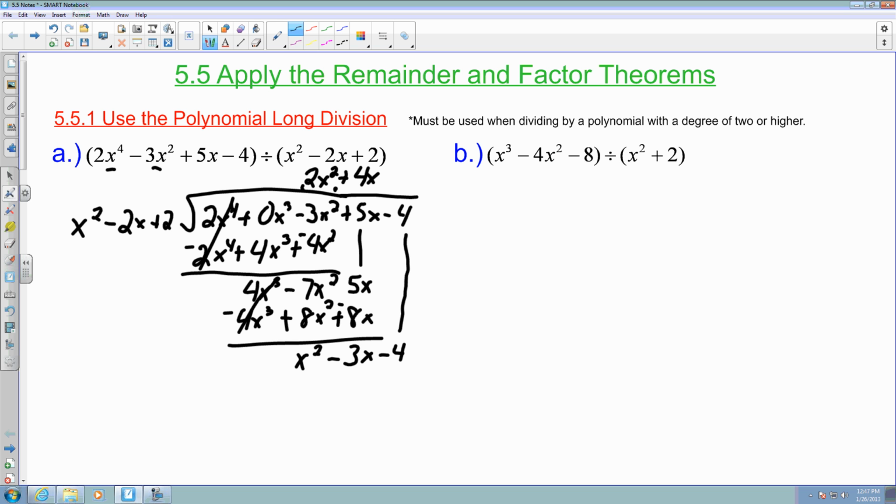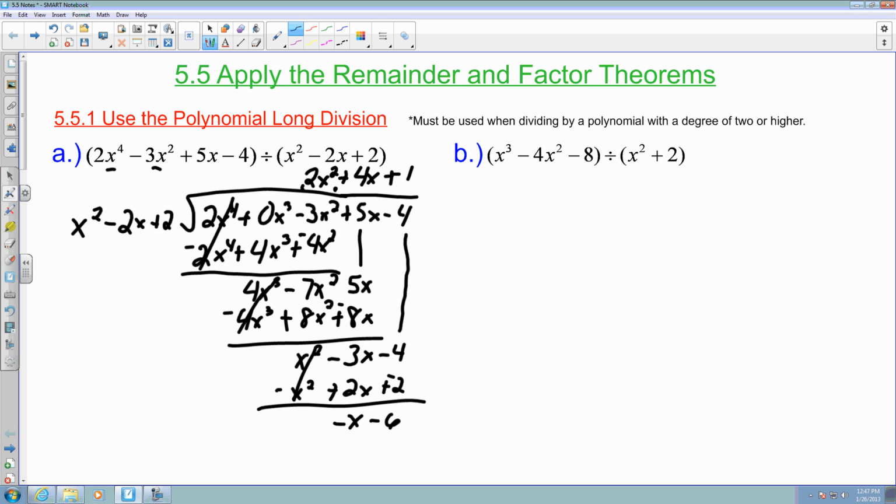Now the last thing I need to do is find a value that's going to cancel out my x squared, distributing out my x squared minus 2x plus 2. And that becomes a plus 1. So I'm just going to multiply everything by 1, so it becomes x squared minus 2x plus 2. Changing the signs, negative, positive, negative, cancels out. I have negative x minus 6.